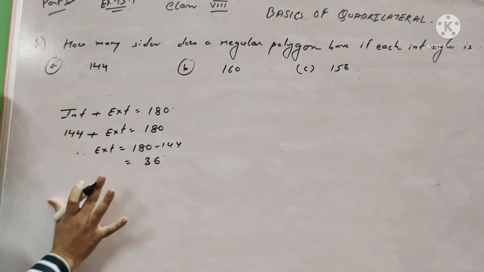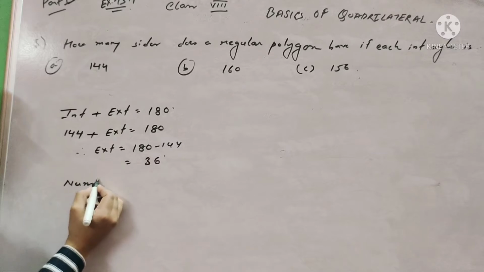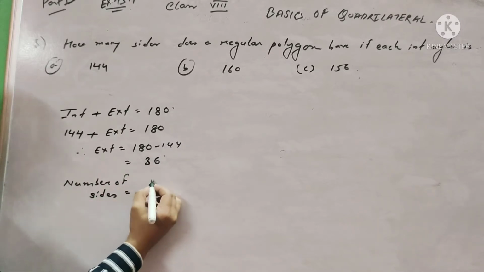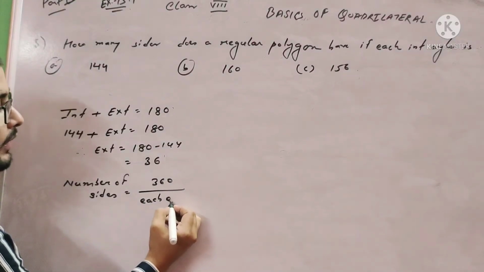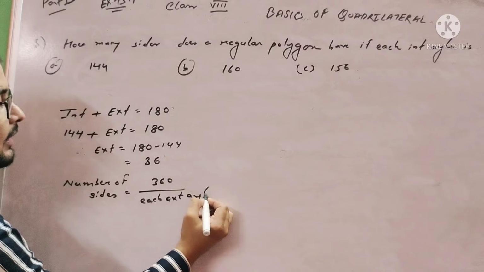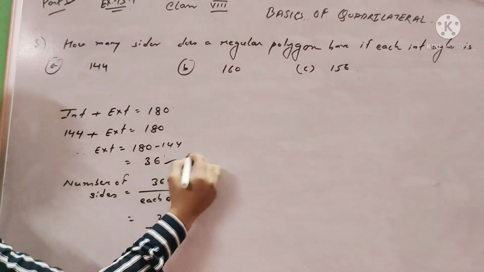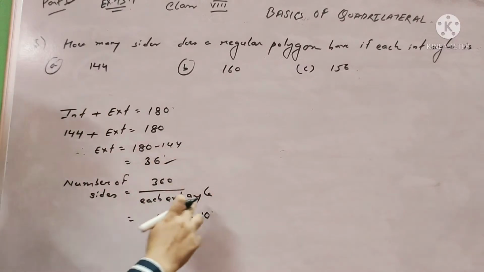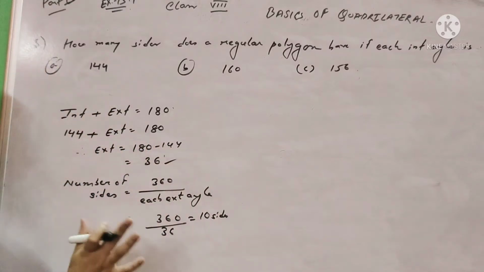Now for the number of sides: number of sides equals 360 by the measure of each exterior angle. So 360 by 36, the number of sides of this figure is 10. So sub part A answer is 10 sides.